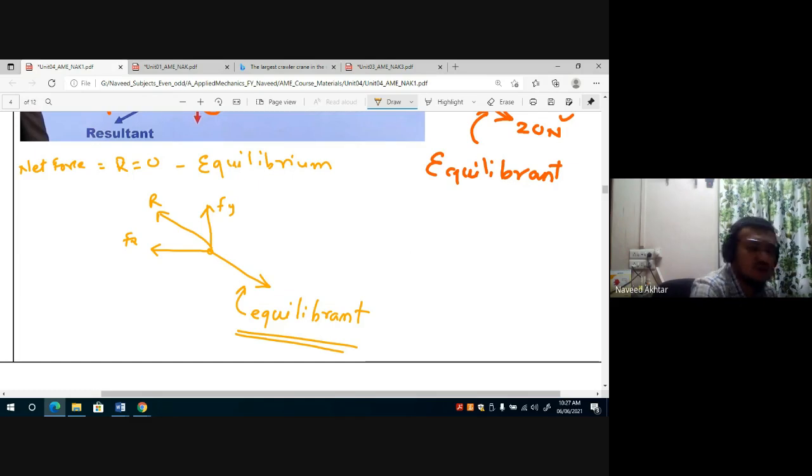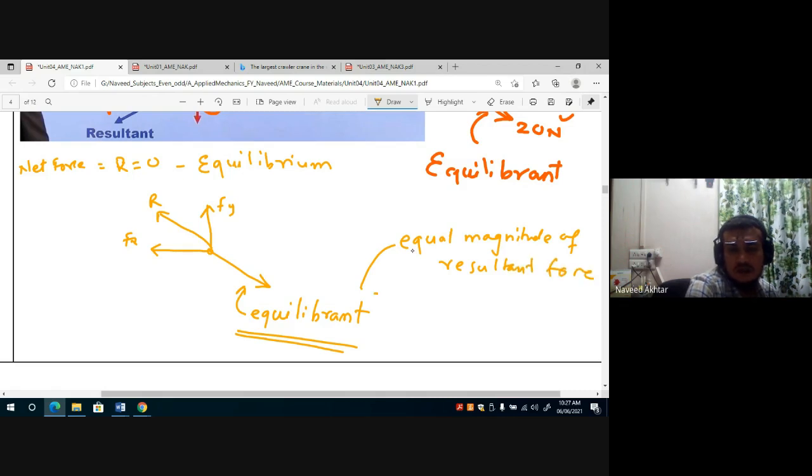So if we say equilibrant, it is of equal magnitude to the resultant force, in the opposite direction of the resultant force, and it is collinear with the resultant force.